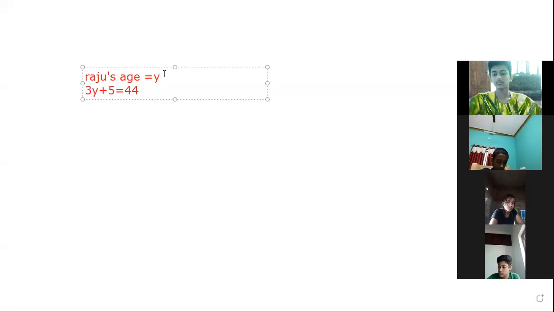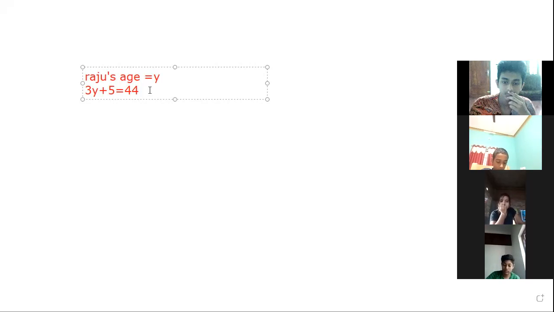That is, Raju's age is equal to y years. After that, 3 times Raju's age means 3y, 3 into y. That becomes 3y, and more than 5 years means plus 5. More means addition. So 3y plus 5 is equal to Raju's father's present age, which is given as 44 years. So the equation corresponding to the given statement is 3y plus 5 is equal to 44.